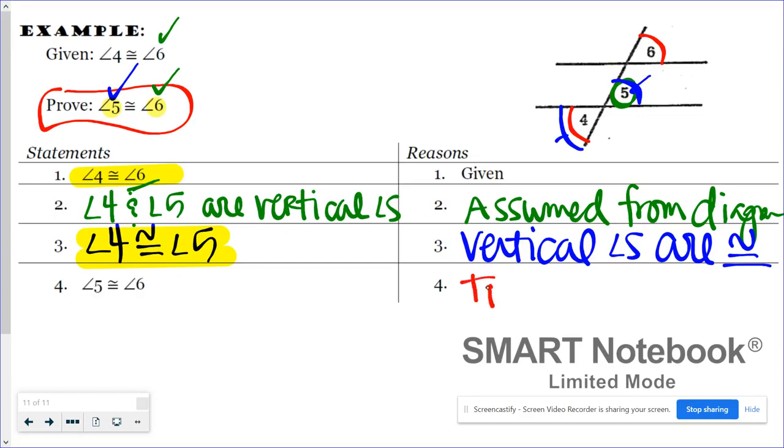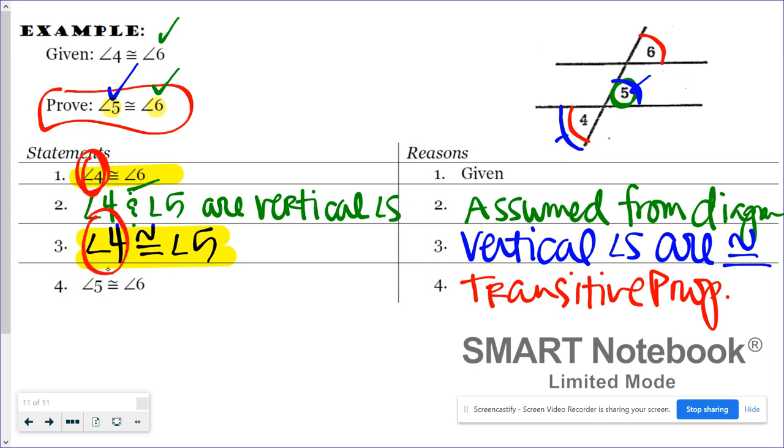Yep, that's your transitive property. Okay, because they're both congruent to angle 4. That makes them both congruent to each other. Kerosene equals Red Bull.